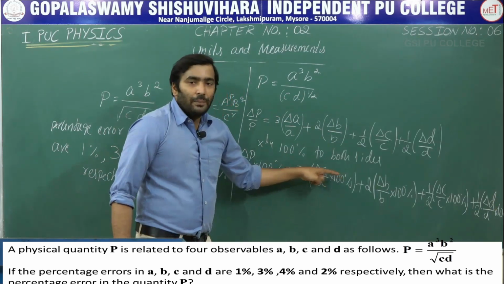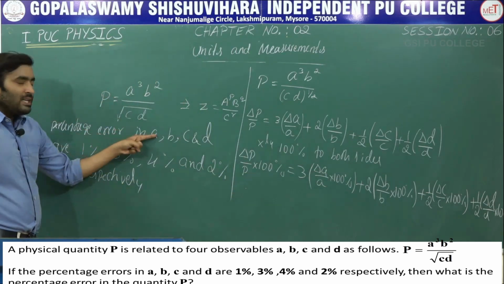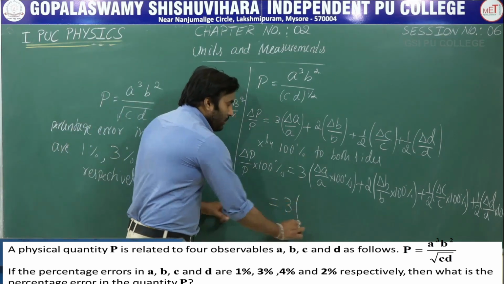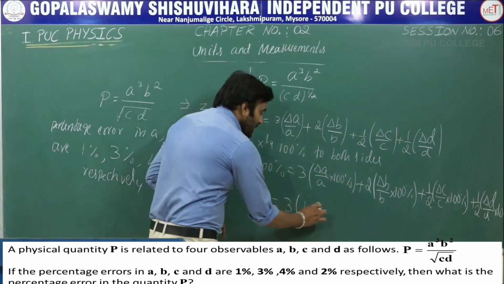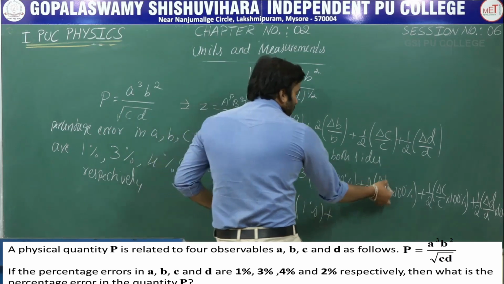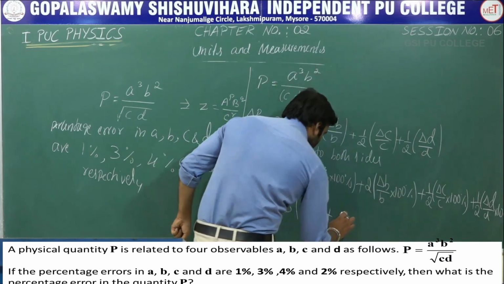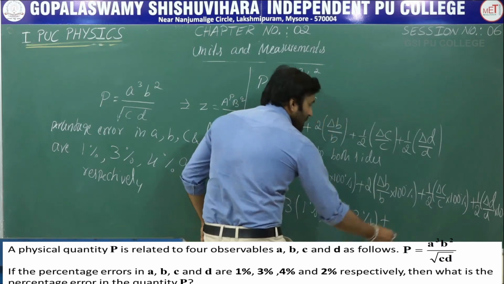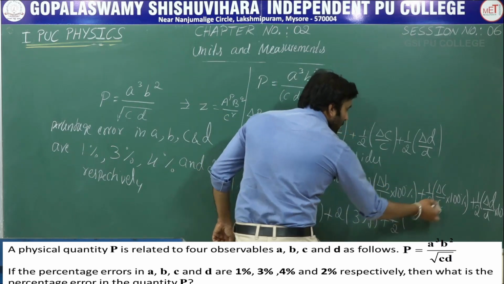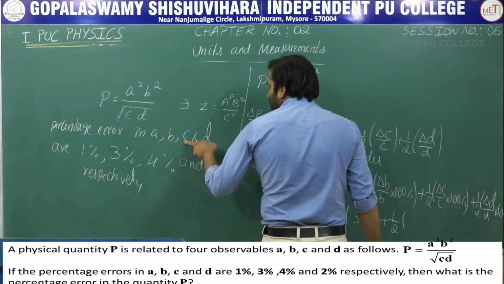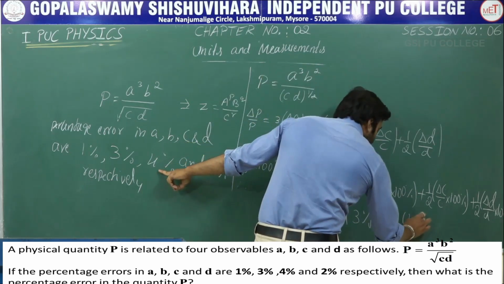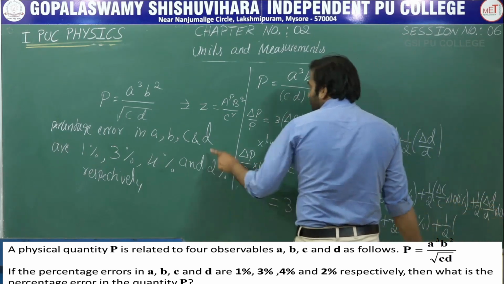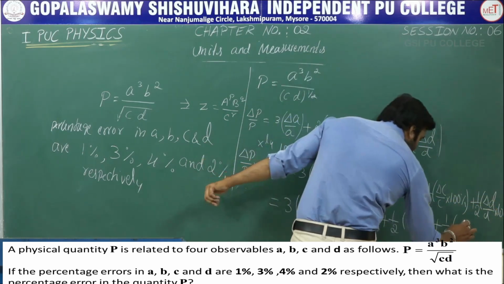Delta A by A into 100% is nothing but the percentage error in A, that is 1%. Let us substitute that. The percentage error of B is 3%, so this is 2 into 3% plus half into the percentage error of C, which is 4%, plus half into the percentage error of D, which is 2%.